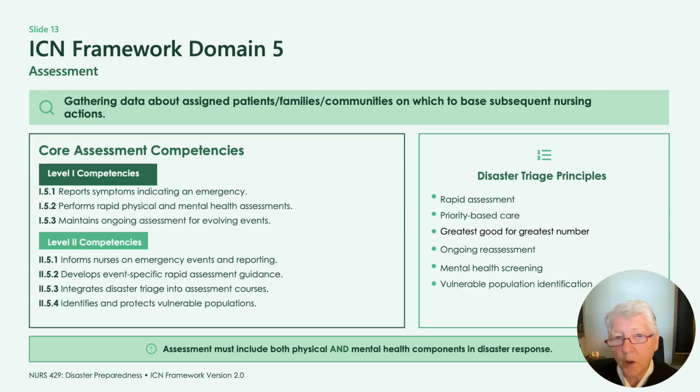A key takeaway for this domain is that disaster assessment must address both physical and mental health needs. And if you remember from Lecture 1, one of the vulnerable populations that you need to make sure they are protected is children. But as the semester goes on, we'll talk about other vulnerable populations, and there are many others that I think will be important for you to know about and to understand.